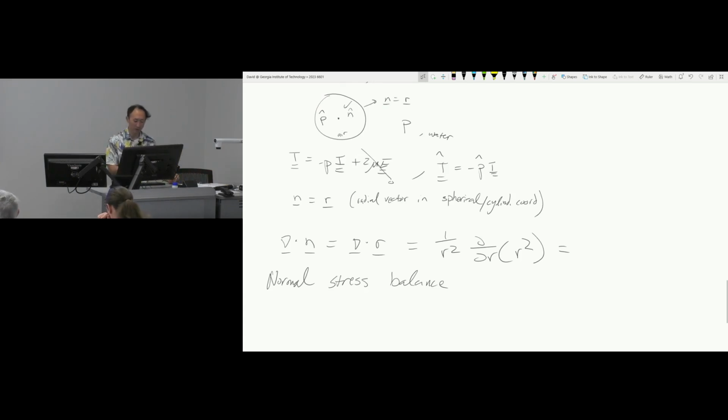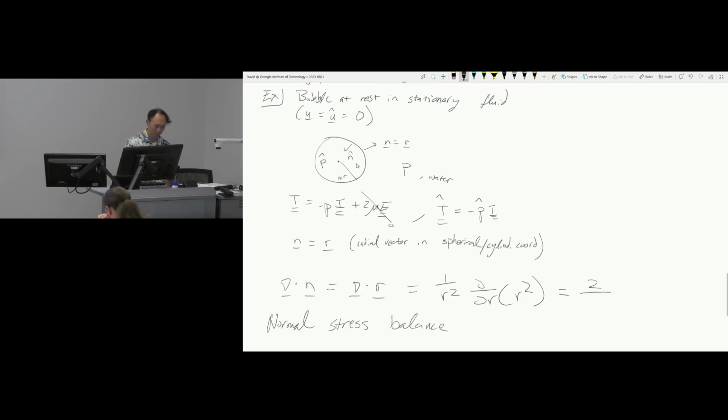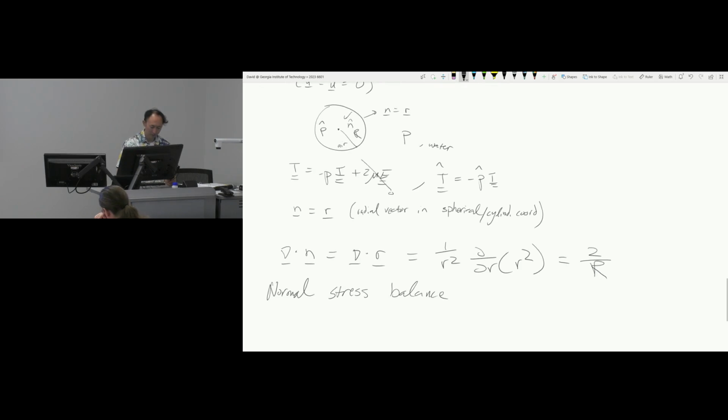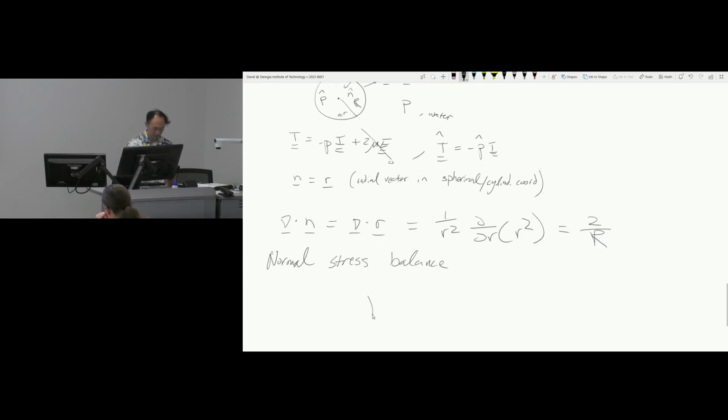What do people get for 1 over r squared times d by dr of r squared? 2 over r. Let's call this bubble with a radius capital R. So this radius 2 over r. All right, so let's combine everything together.